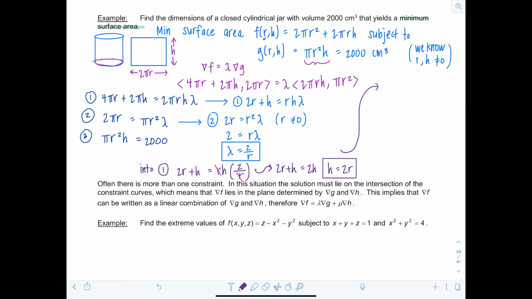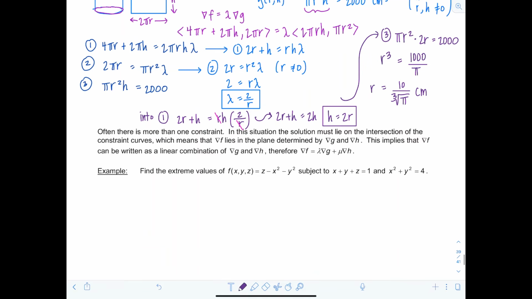So now into equation 3, I know that pi r squared times, remember h is 2r, is equal to 2,000. So that means r cubed is equal to 1,000 over pi. So r is equal to, take the cube root, 10 over the cube root of pi centimeters. And then since h is double that, h is 2r, then h is going to be 20 over the cube root of pi centimeters as well. All right, let's box that up.